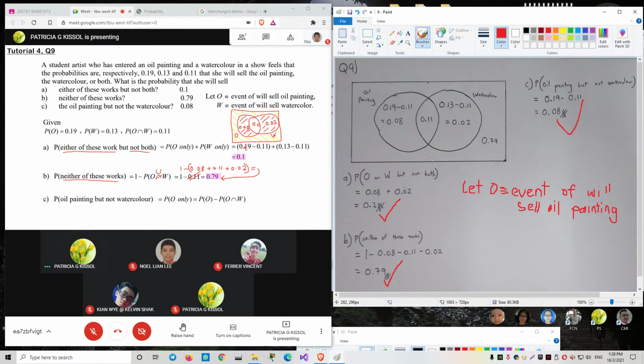Remember, probability of oil painting is 0.19 as given here. We need to minus the probability of oil painting and watercolor, which is 0.11, as also given here and in the Venn diagram. And 0.19 minus 0.11 gives you 0.08. Is that clear, class?